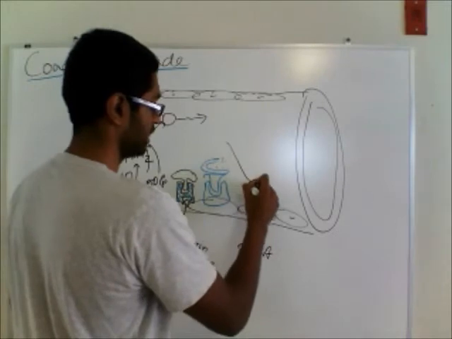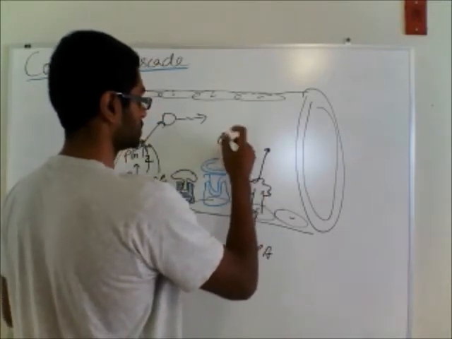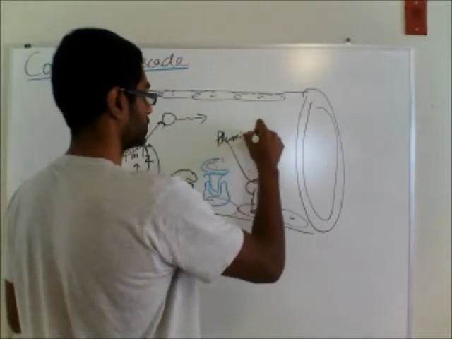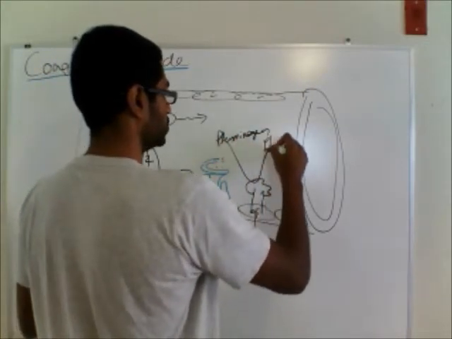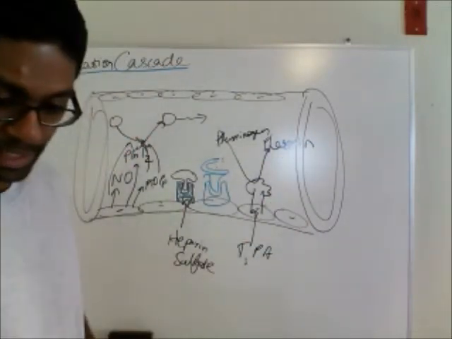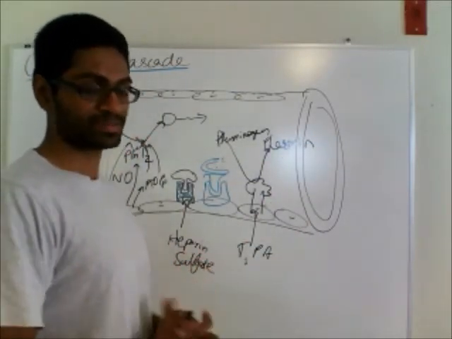Basically, TPA is an enzyme that helps plasminogen turn into plasmin. And now plasmin, guess what it does?